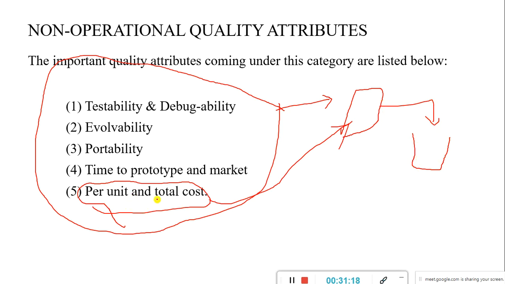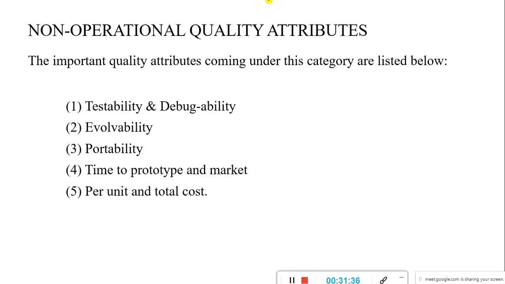Is there a cost? Does it make any change for the embedded system that is currently working? Definitely not. That's what we call non-operational quality attributes, which are not related to the functioning of the embedded systems.